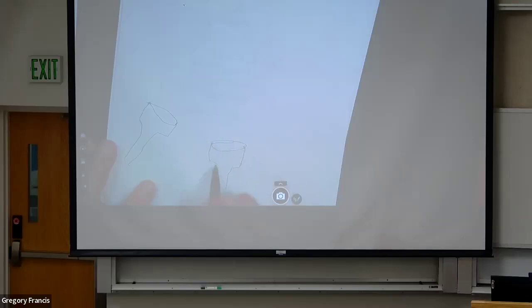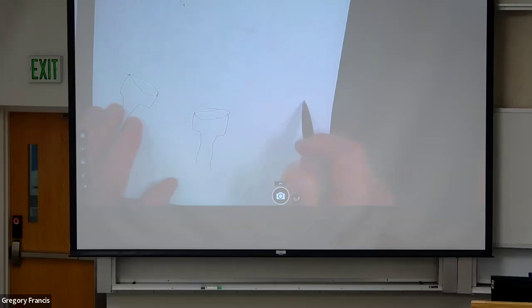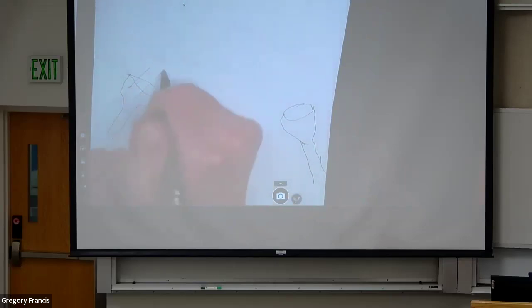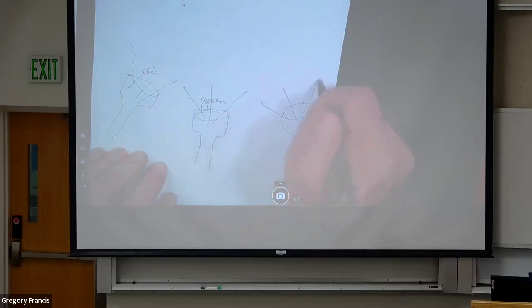So instead of that, if I may, suppose we had 3 flashlights that are shining light in a, I can't draw, we've established that. And one is sending out red light, one is sending out green light, and one is sending out blue light.